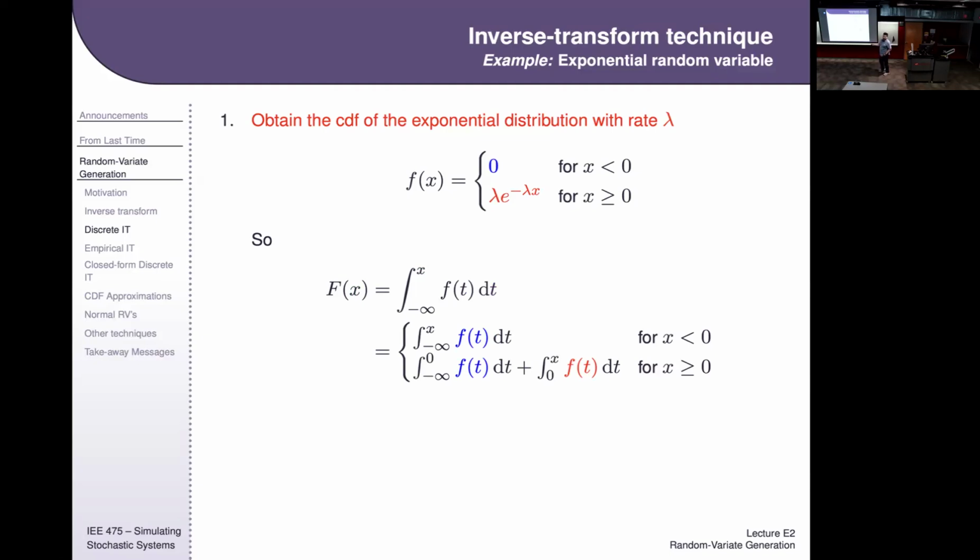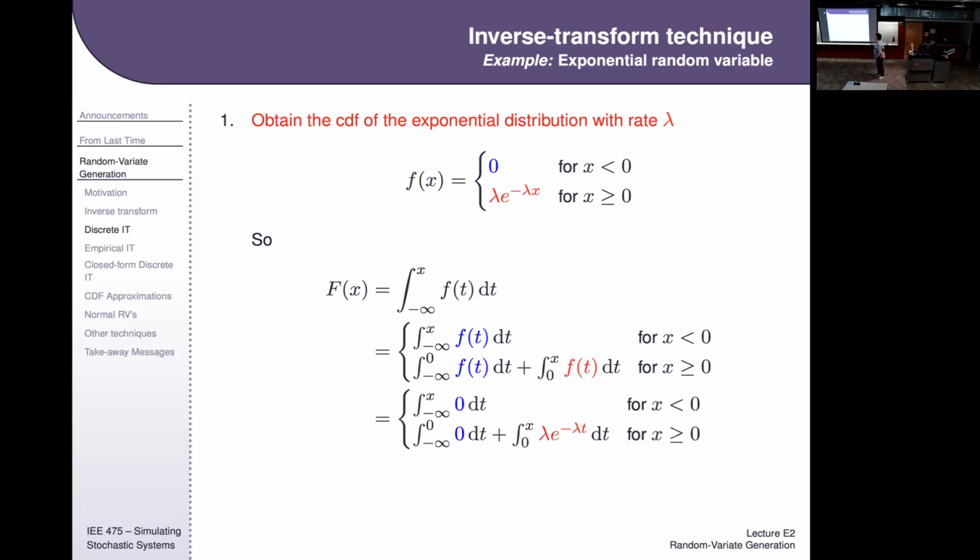But this second part is what I want you to have down. This is what will be tested: recognizing that if x is greater than 0, then to integrate from minus infinity to that x, you have to integrate from minus infinity to 0, and then from 0 to that x. Splitting them up that way allows you to handle these two parts independently and then combine them together afterwards.